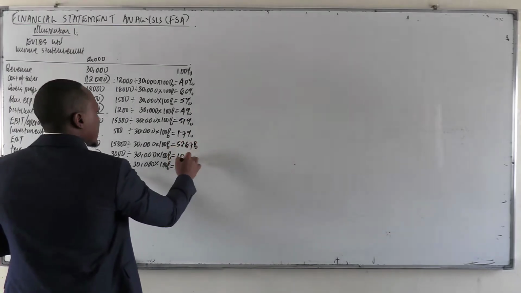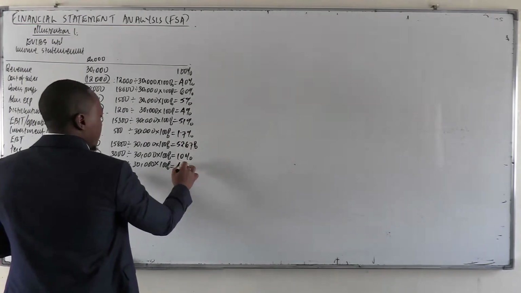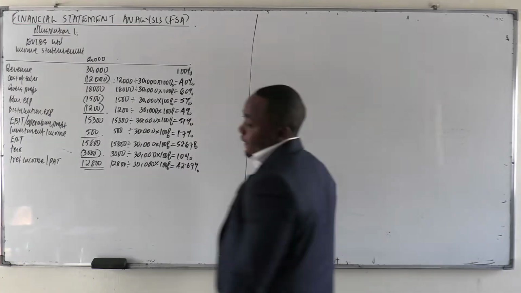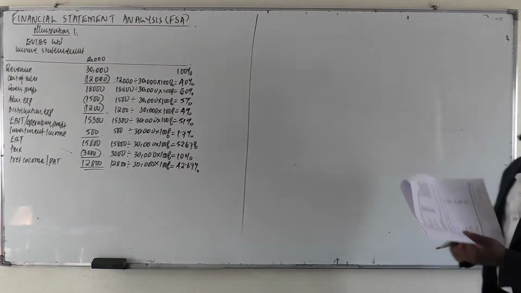This is 10%, and this is 42.67%. Good. So that's how you perform the income statement vertical analysis.